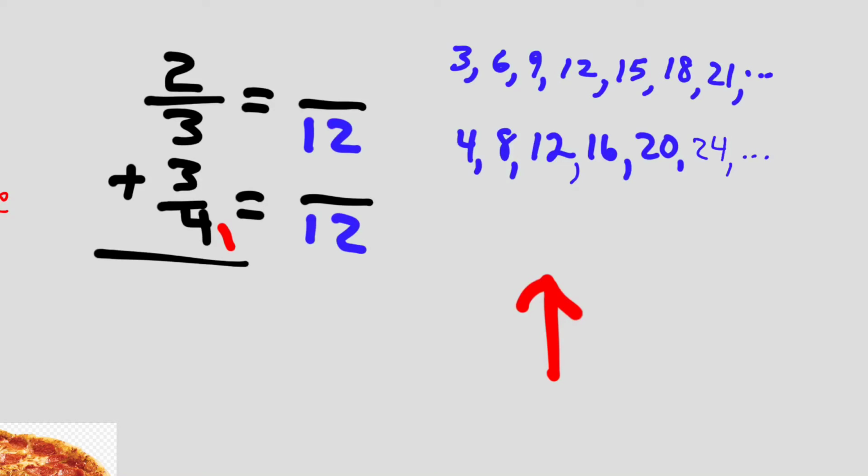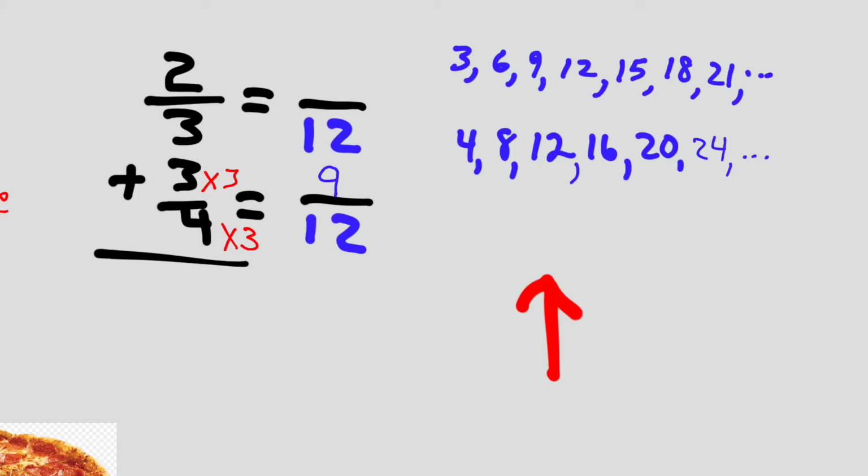Now we're going to have to do some counting. So we're going to do the counting by multiplying. I cut each one of these into 3. That gave me the 12. So the 3 large pieces will become 9 smaller pieces.